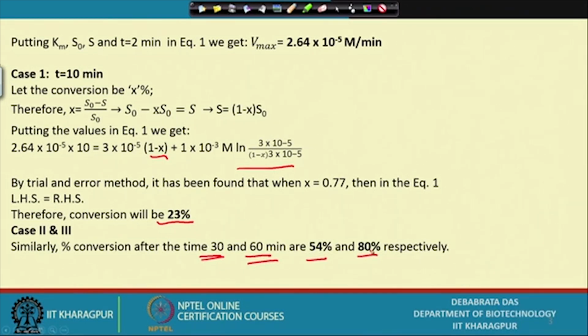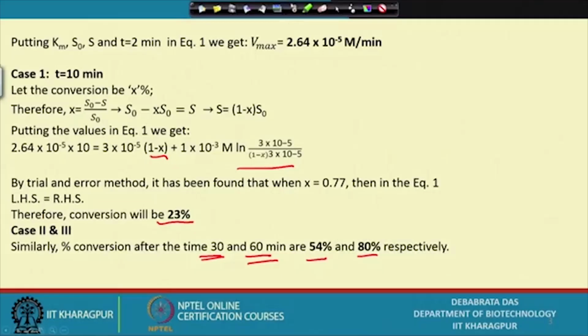So this is a very common enzymatic reaction problem, and we can analyze any kind of enzymatic reaction and find out how much substrate will be converted at different times of reaction.